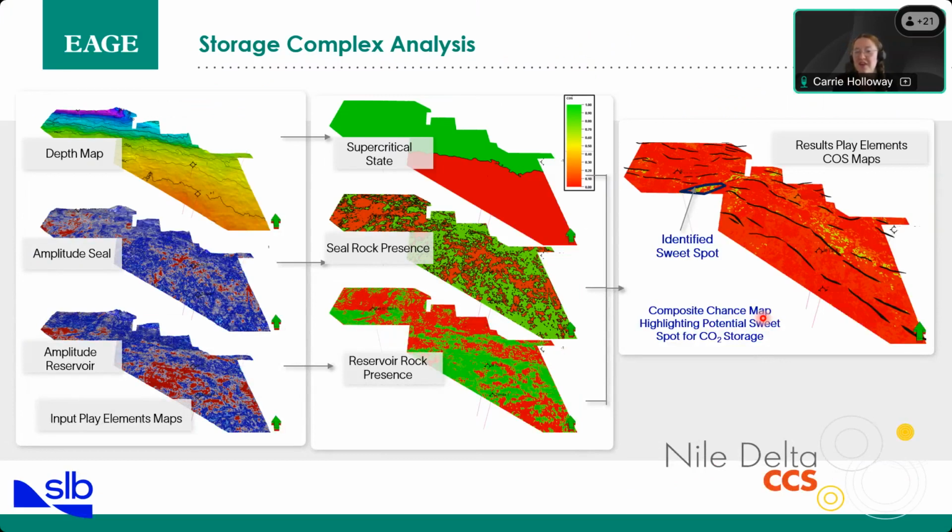We also have reservoir thickness and porosity, amongst others, used as a proxy for quality. They're converted into a chance of success map and stacked to derive the final map for each play. And then potential sweet spots are highlighted and their capacity estimated.